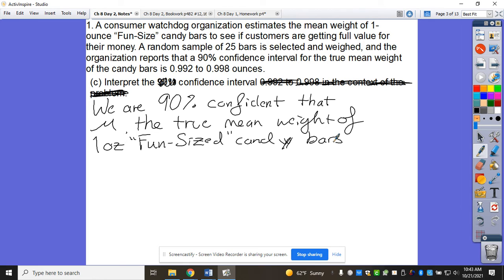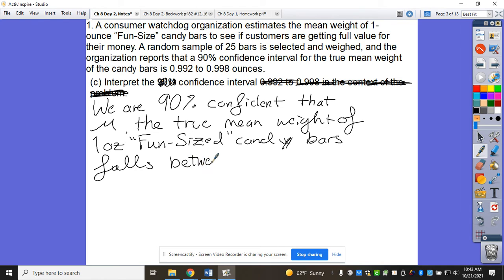And then what from, so I haven't used data values yet, but I know I do because of the confidence interval. So what comes after that? Just following your notes in front of you. Falls between. So what am I going to put as my lower?